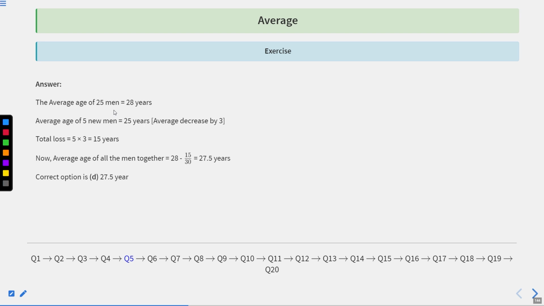The average age of 25 men is 28 years and the average age of 5 men is 25 years. That is already given to us. So the total loss is 5 times 3, that is 15 years. So the average age of all men together will be 28 minus 15 upon 30, that is 27.5 years. So the correct option will be 27.5 years.